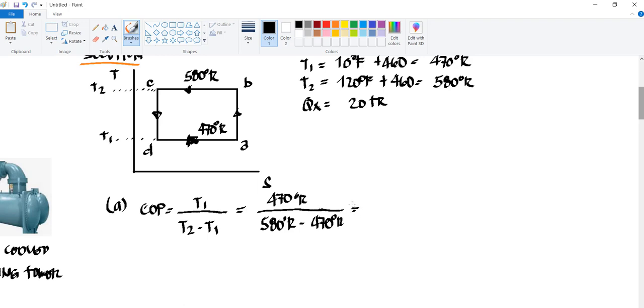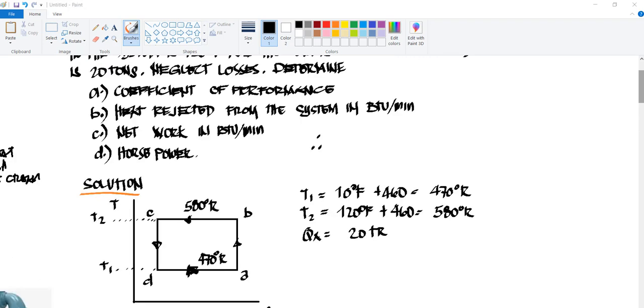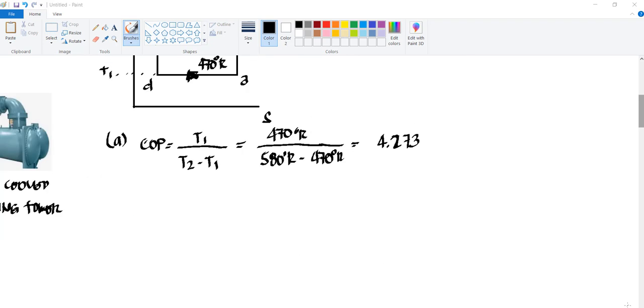So using your calculator, we have the value of COP, that will be 4.273.